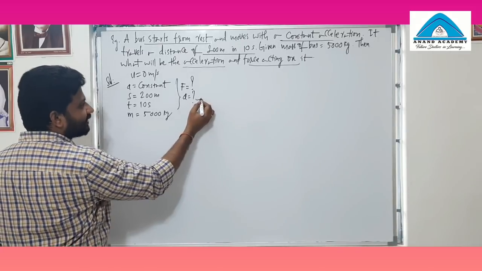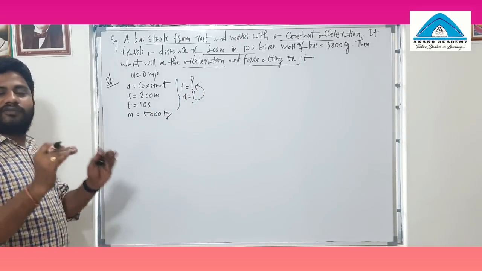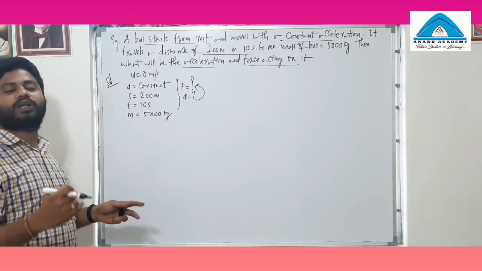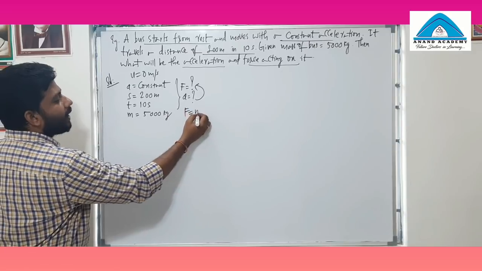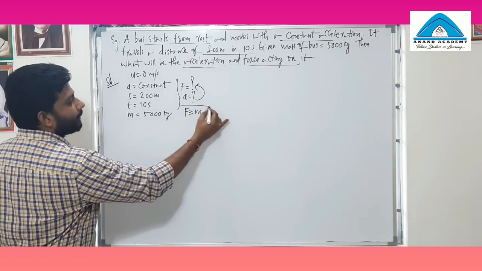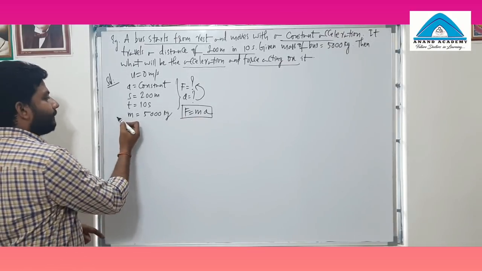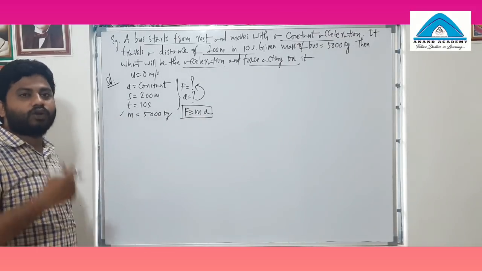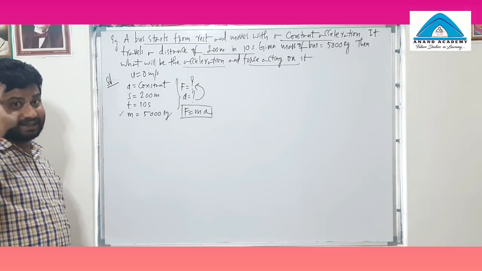So first we need to find the acceleration, because what is the formula at the end of Newton's second law of motion we had learned? F is equal to m into a. To find F we already have m and we need a. How to find a here? I told you already in the last classes.